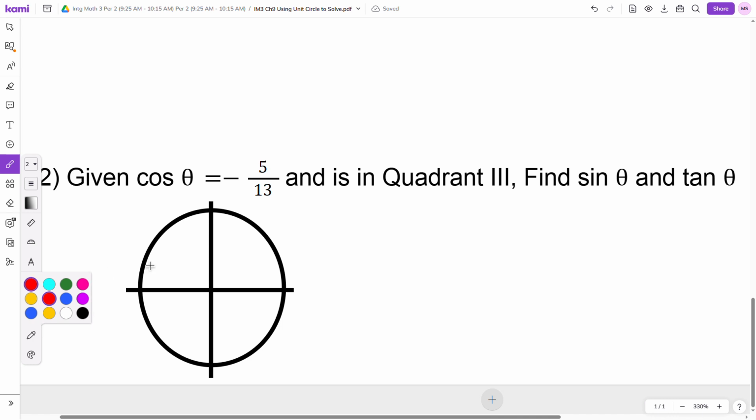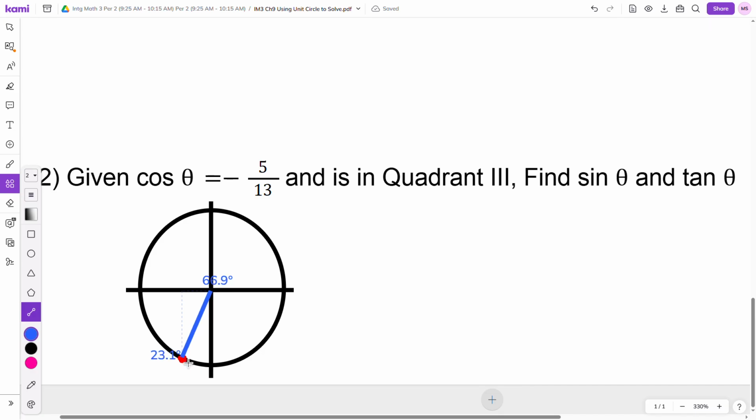I'm just going to estimate where this is. This is quadrant 3, so that's here on the bottom left corner. It's actually less than half, so let's roughly eyeball it about right here. That's probably not exactly right, but that's okay. And we're going to draw a line from the center of the circle.